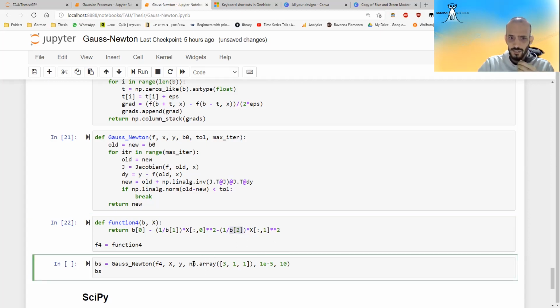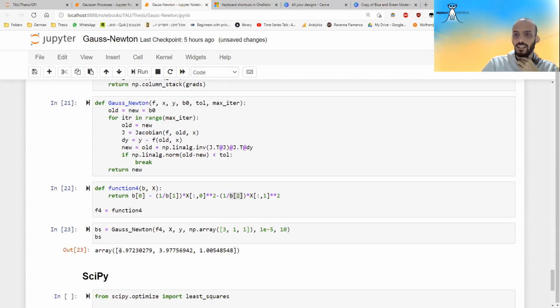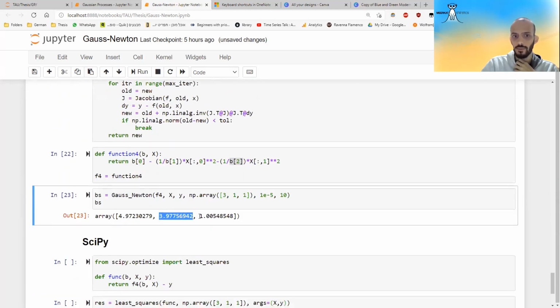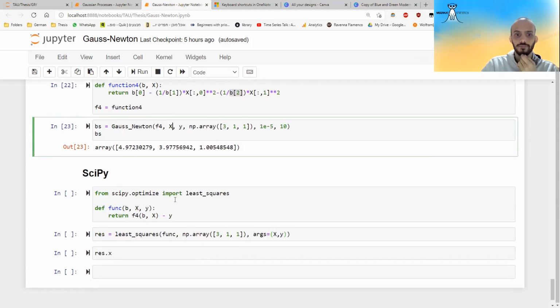And I give it some initial guess. You can see that it gives a very similar result. The original function was 5 for the first parameter, 4 for the second parameter, and 1 for the third parameter. And we see that it gives 1 for the third parameter.